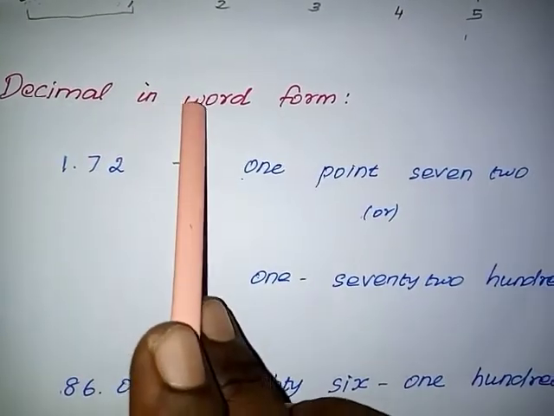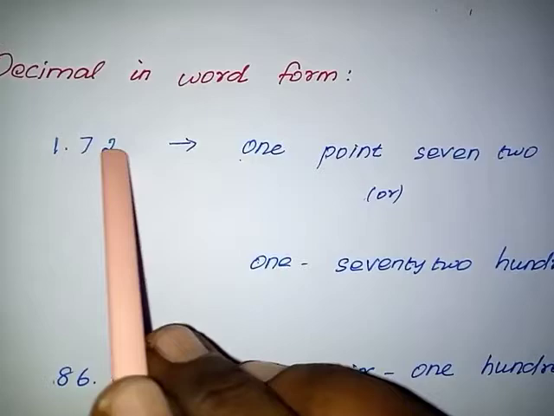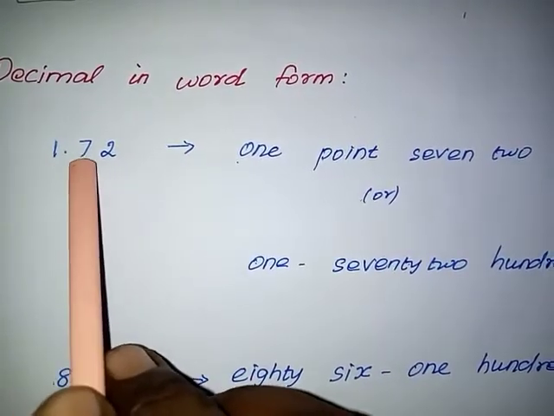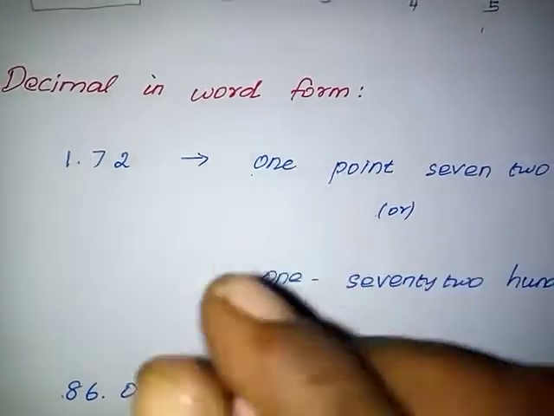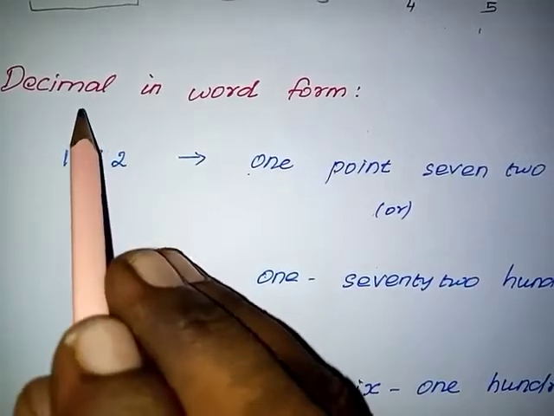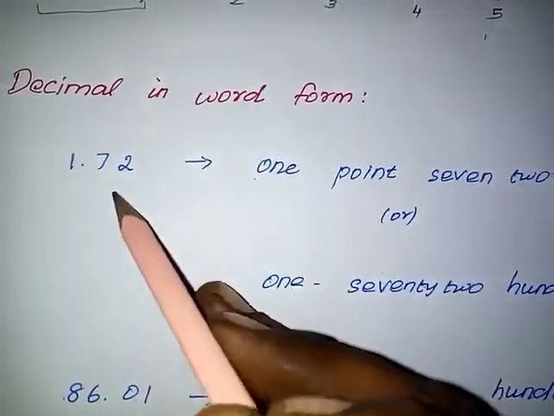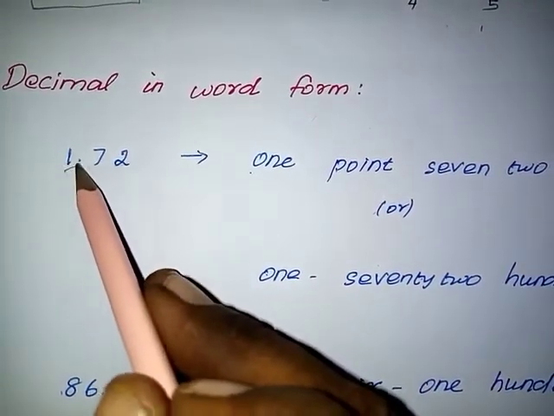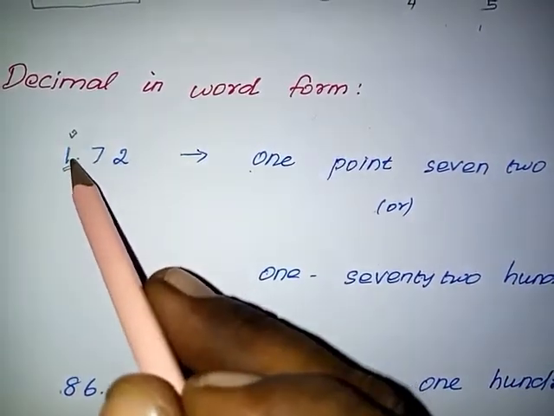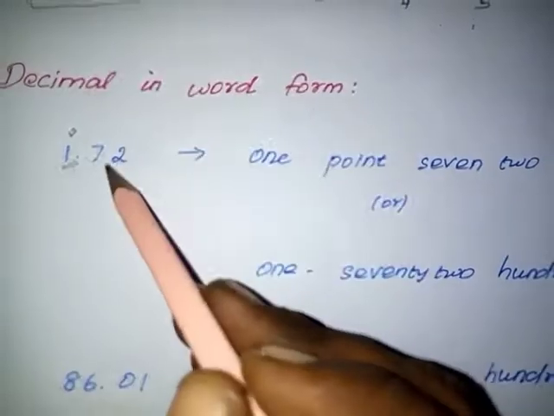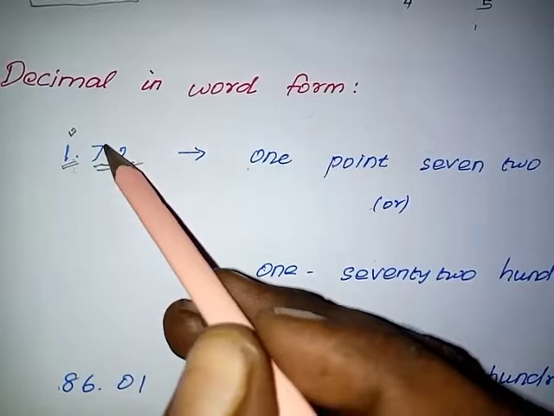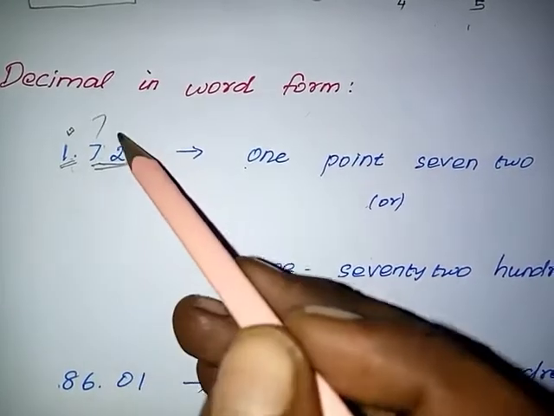Now, decimal in word form. Consider the given decimal, 1.72. We have to write the given decimal in word form. In the integral part, the place called ones is 1. And in the decimal part, the tenths place is 7.